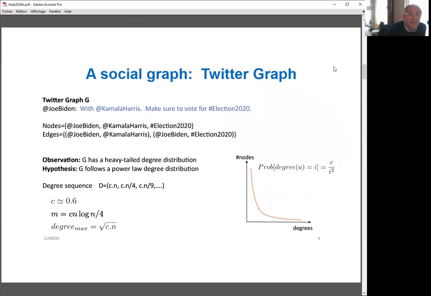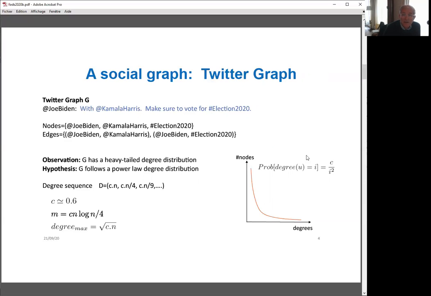What is a social graph? So for example, the Twitter graph was generated from tweets. So imagine you have these tweets here with an author and a content. Then the nodes are the tags. And here we have two edges from the author to each of the tags of the message. And the observation is that this graph has a heavy tail degree distribution.